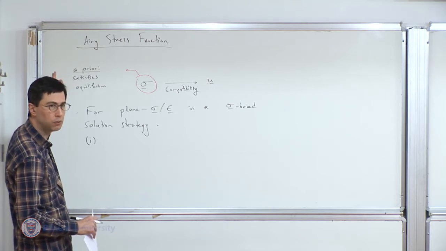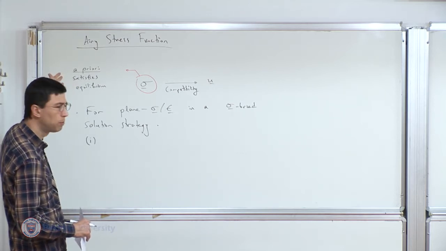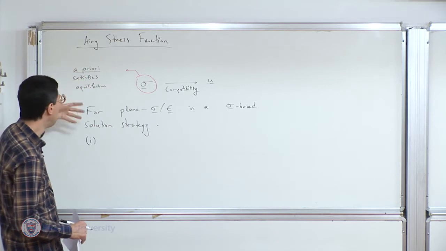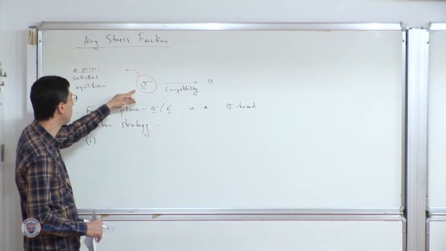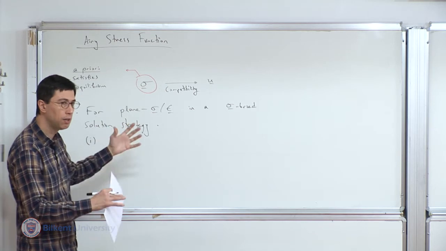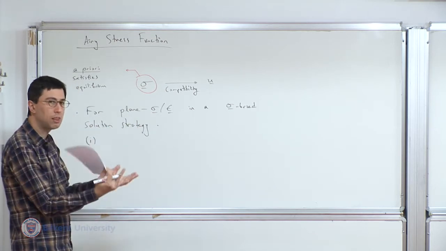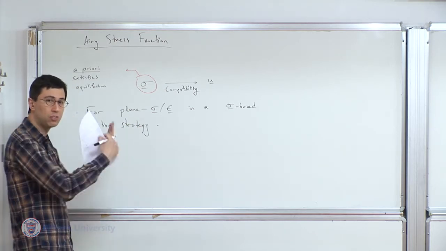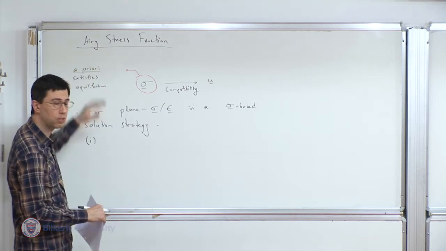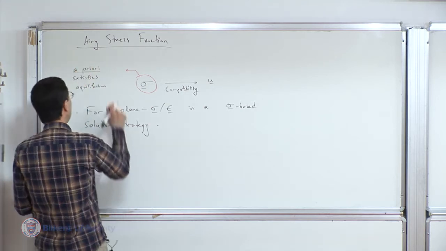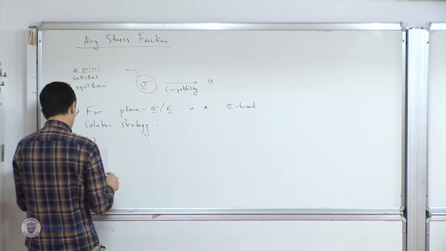That's not trivial when you think about it, because the equilibrium equation is a differential equation. So how can I propose a form of the stress that is general enough to encapsulate the particular solution of my problem, but at the same time satisfies equilibrium? That is the key concept of the Airy stress function.